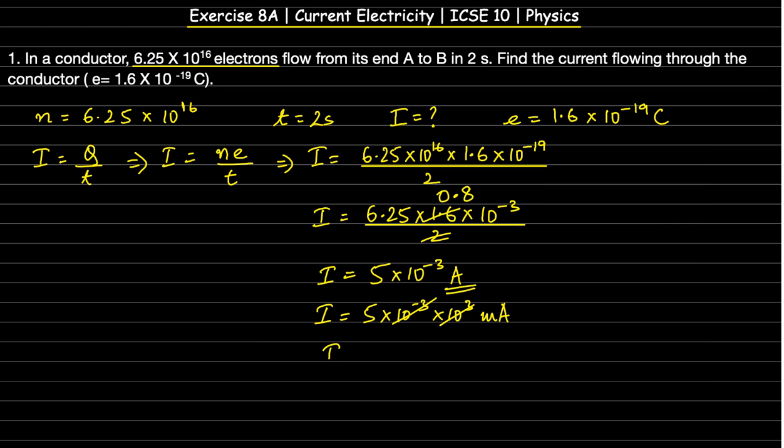So we get the value of I as 5 milliamperes. We can definitely leave it in amperes because ampere happens to be the SI unit. Since the textbook answer is in milliamperes, I have converted it to milliamperes.